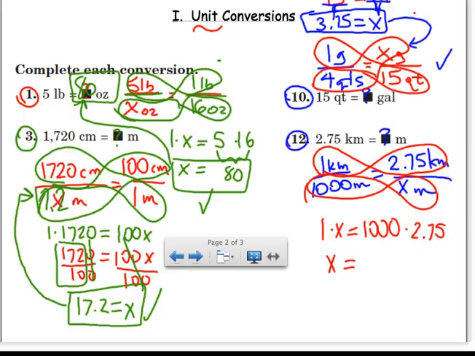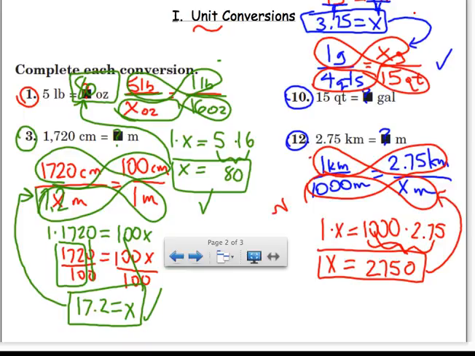That means x equals 1,000 times 2.75, which is the same thing as 2,750. And that should have been your answer of x equals 2,750. It should make sense because if 1 kilometer is the same as 1,000 meters, that means 2.75 kilometers is the same thing as 2,750 meters. Hope you got that right.